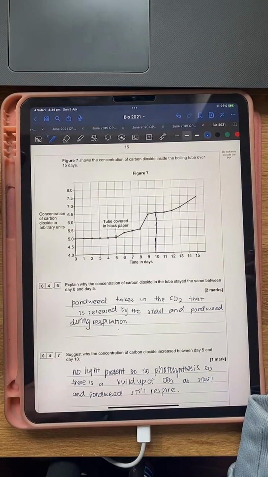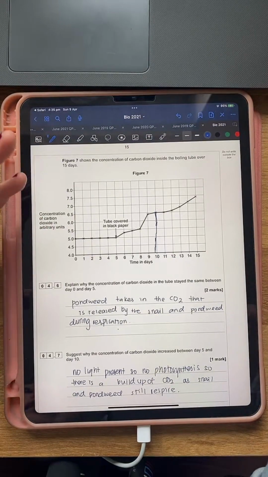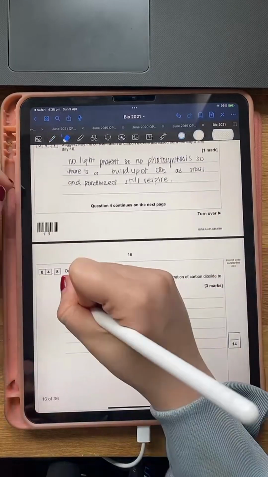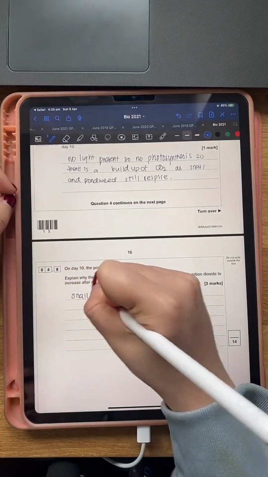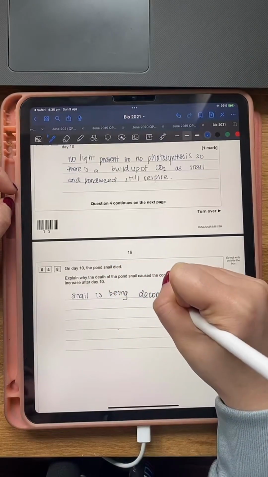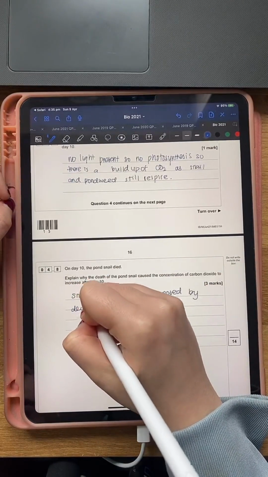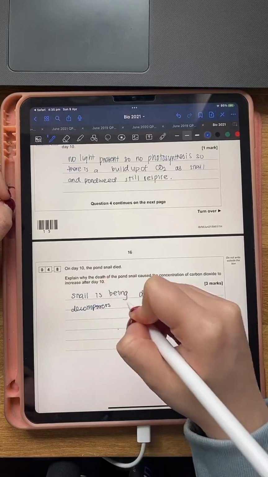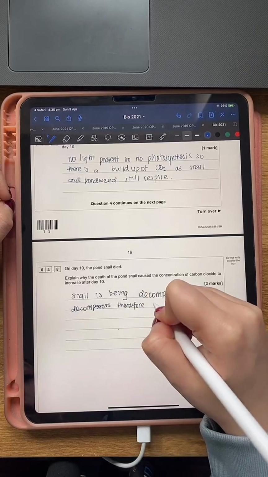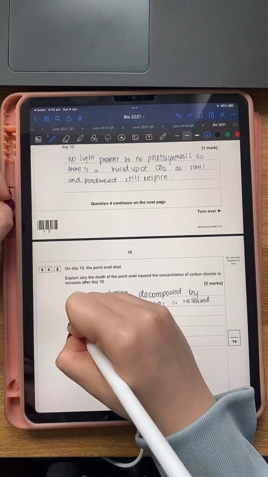So the snail is being decayed or decomposed by decomposers. Therefore, CO2 is released during the decomposition, or during the respiration of the decomposers.